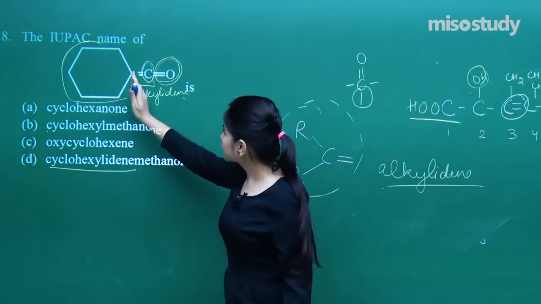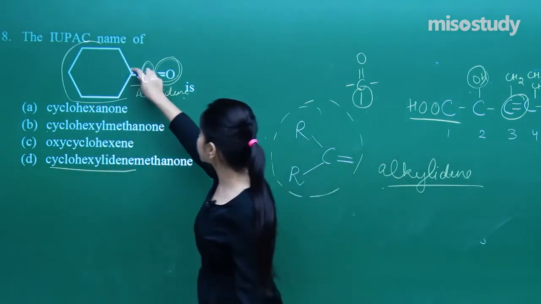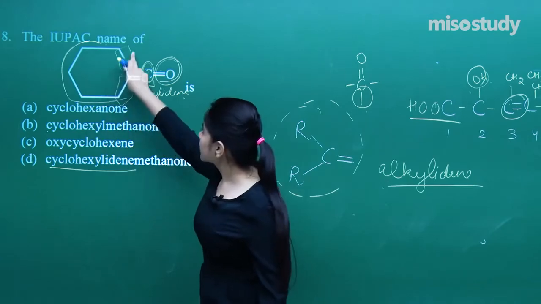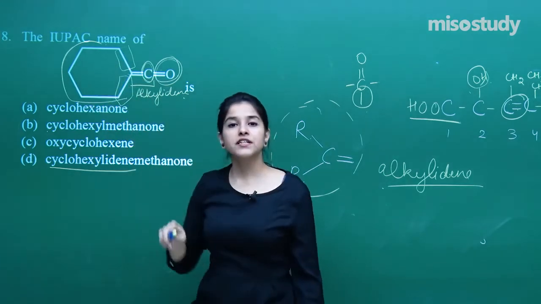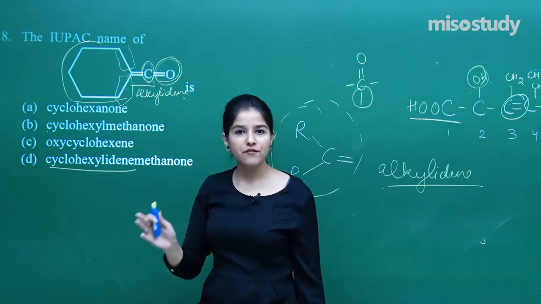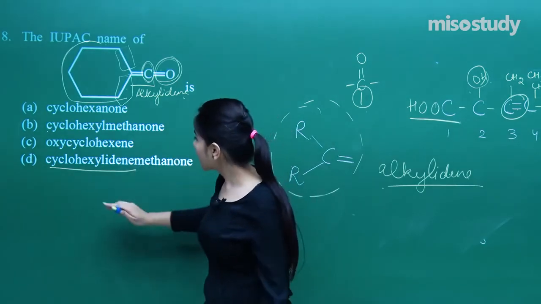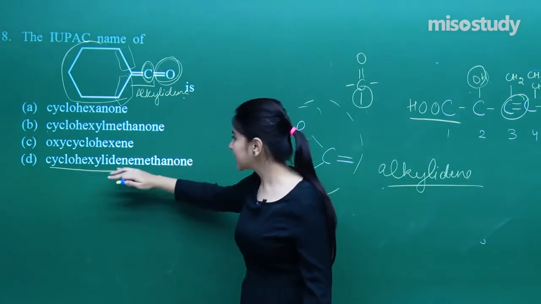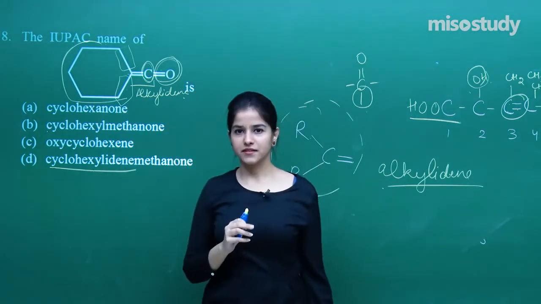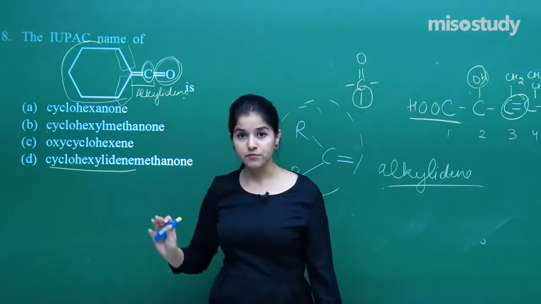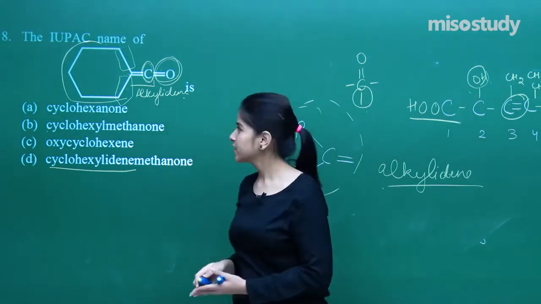So whenever you see such kind of an attachment having similar kinds, the two environments are similar, the two groups are similar, so these are known as always alkylidene. So you must be actually having the IUPAC name related to alkylidene. So over here it was cyclohexylidene methanone is the answer. I hope everybody is clear about this concept. You need to remember it as it is.